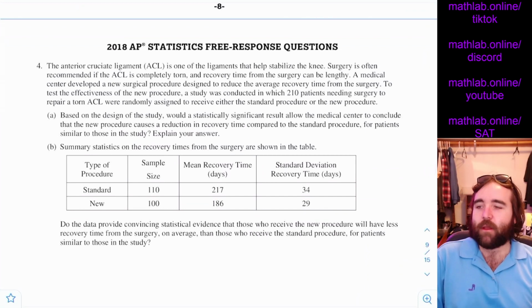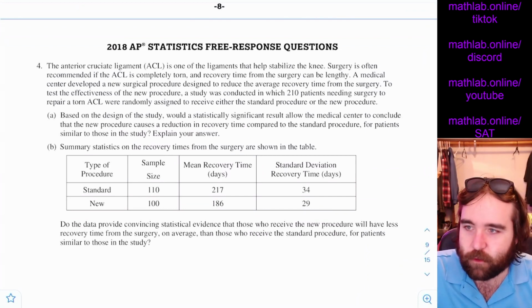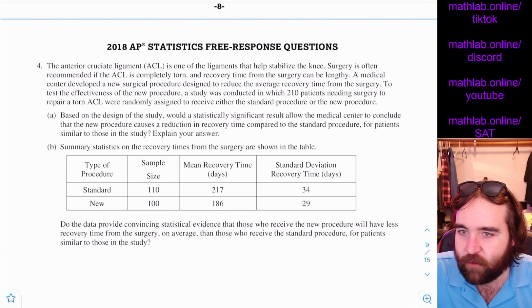Dang, we're doing good. The anterior cruciate ligament, the ACL, of course, is one of the ligaments that helps stabilize the knee. Surgery is often recommended if the ACL is completely torn, and recovery time for the surgery can be lengthy. A medical center developed a new surgical procedure designed to reduce the average recovery time from the surgery.